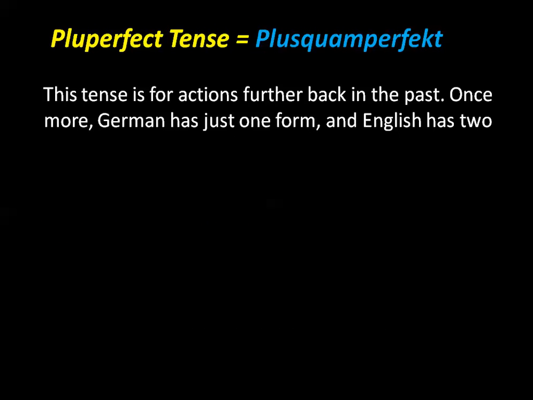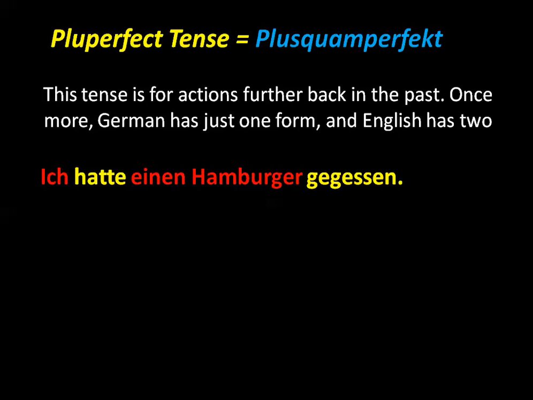Okay, the pluperfect in English, called the Plusquamperfekt in German. Sometimes in English you also hear this referred to as the past perfect tense. This is for actions further back in the past. And once more, German has only one form, Ich hatte einen Hamburger gegessen. It can also, in the perfect tenses, whether it be the perfect or the Plusquamperfekt, in German they have two potential helping verbs, where in English we always use have as the helping verb.